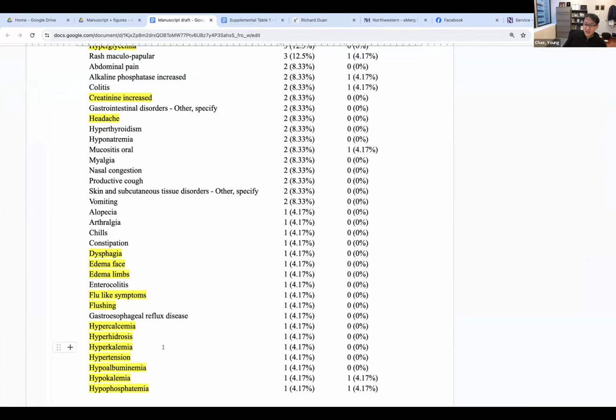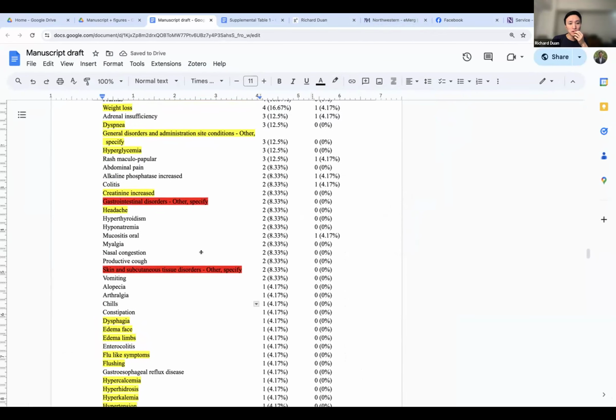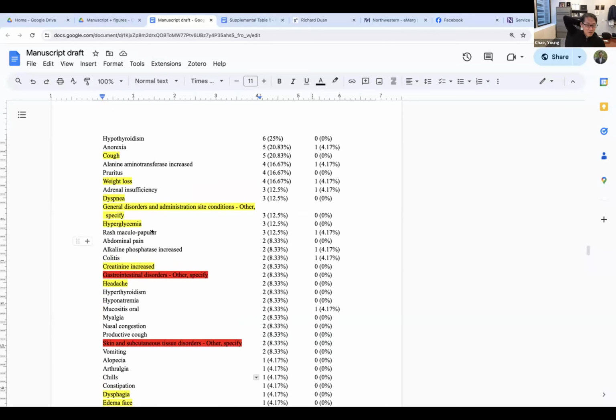We don't know, right? So that's why there's a lot of unknowns. GI disorder, other specify. Yeah, because we really don't know what they are, according to this one, you can take it out. But the other ones you can just leave. Okay. Here, general disorder, same thing.